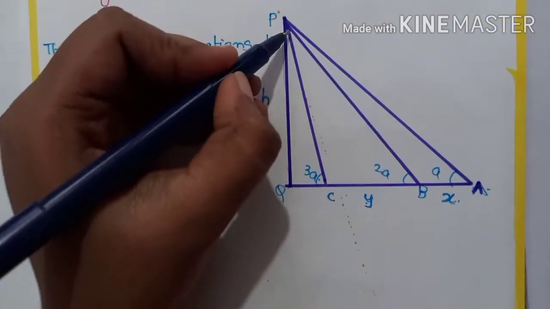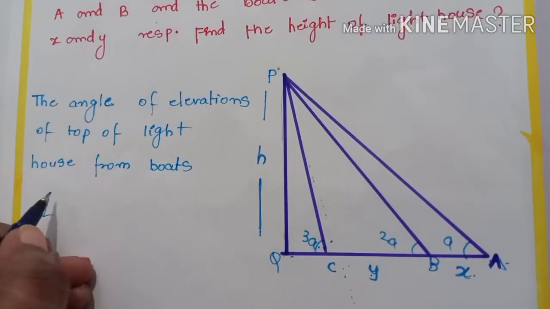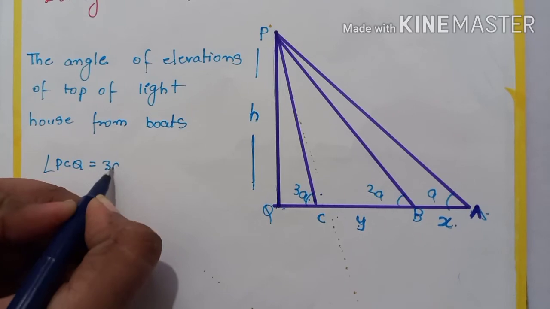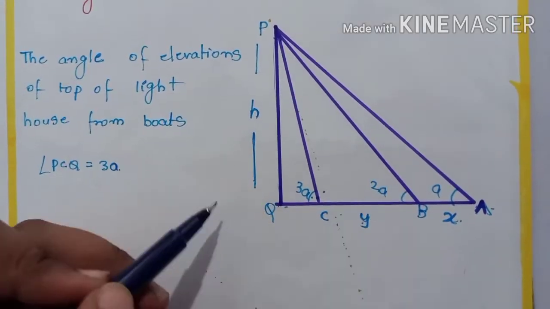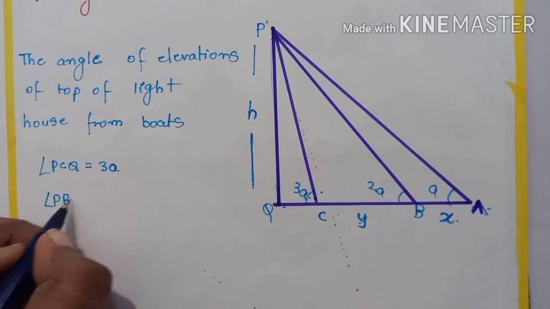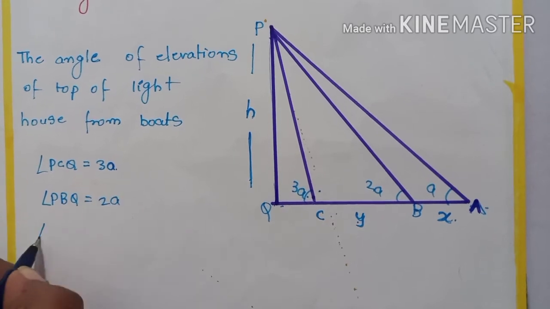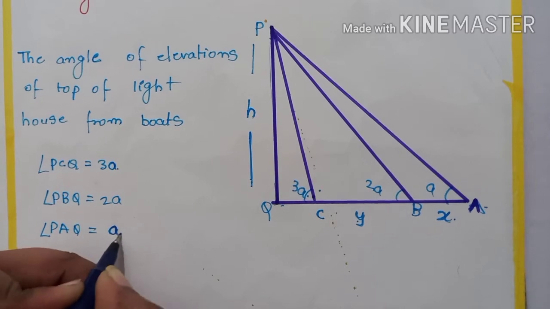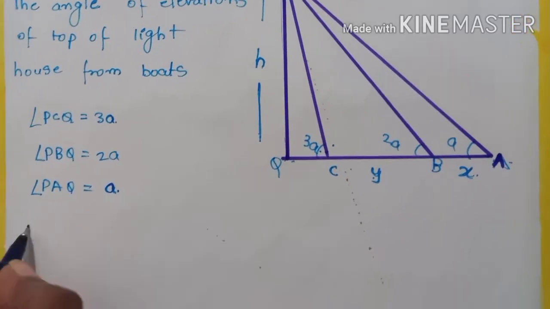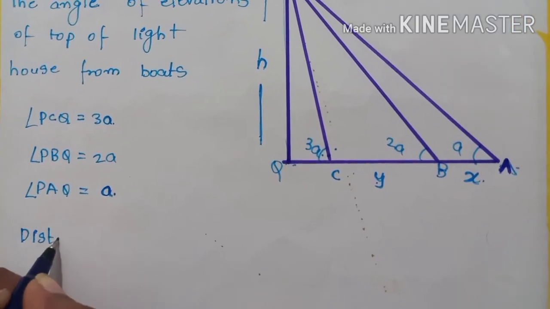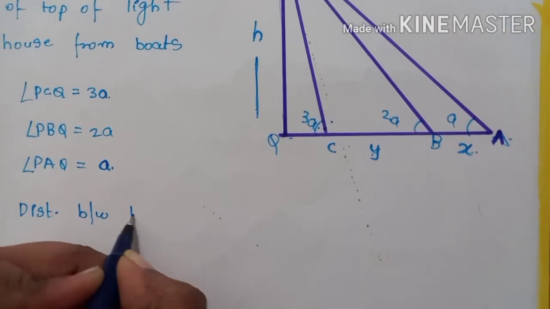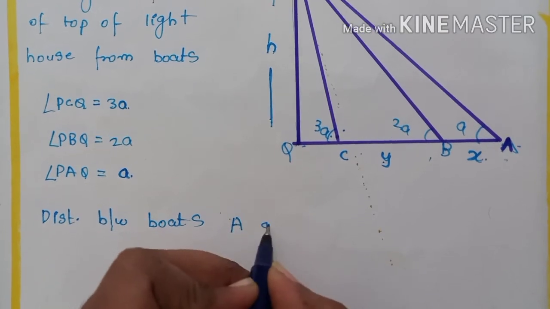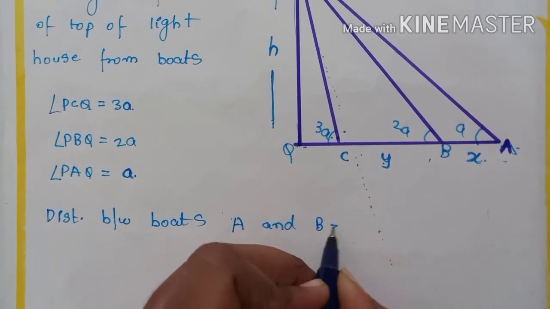First angle is PCQ, which is 3A, and the second angle is PBQ, which is 2A, and the third angle is PAQ, which is A. And also the second data they have given, the distance between the boats, these two boats A and B, as x meters.